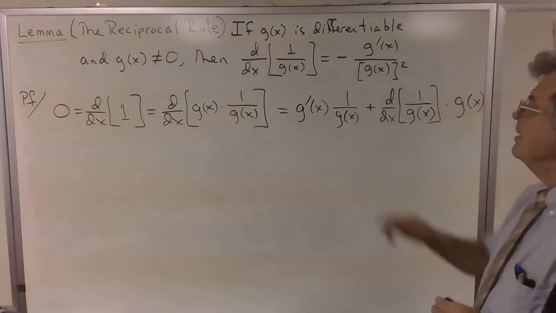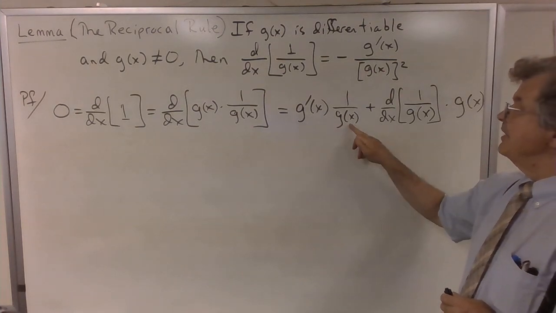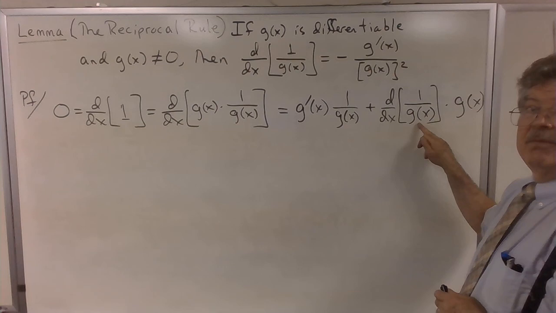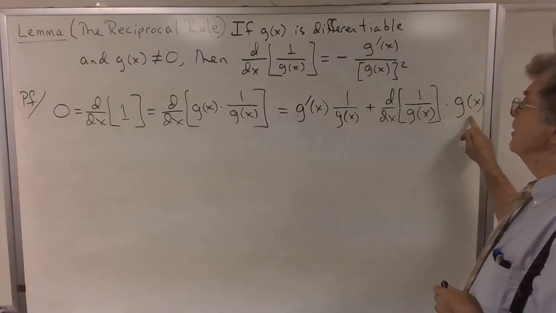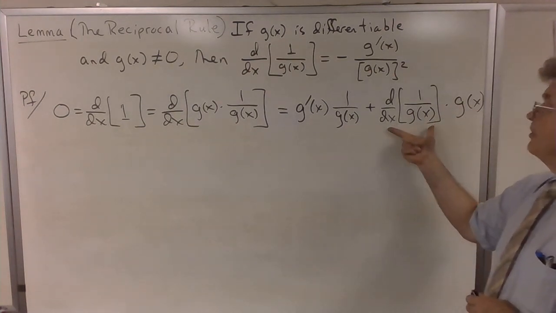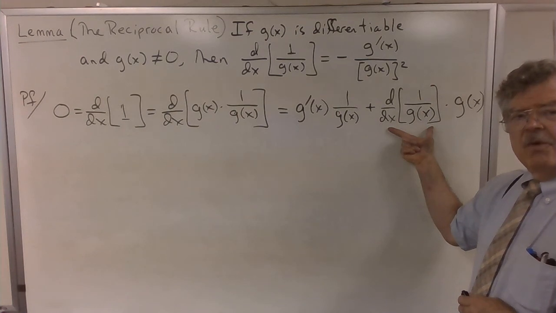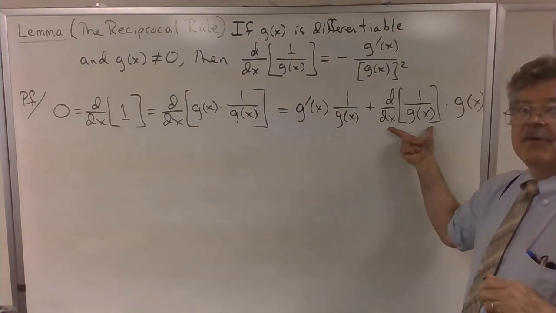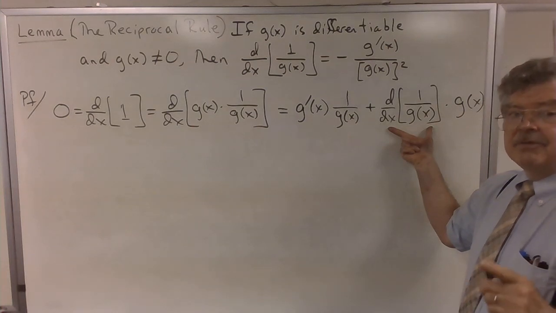Okay. First prime times second plus second prime, which we don't know, times the first. But this is what we're looking for, and we have it in an equation, so we should be able to solve for it algebraically.